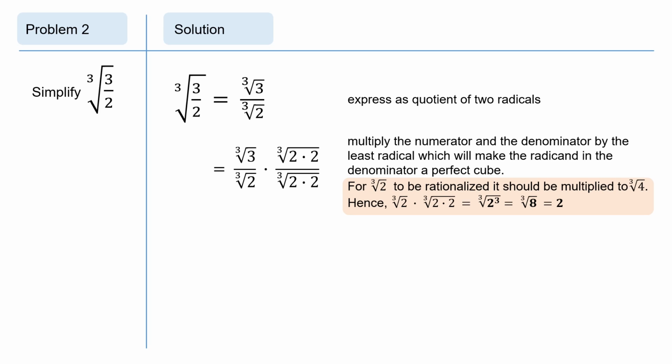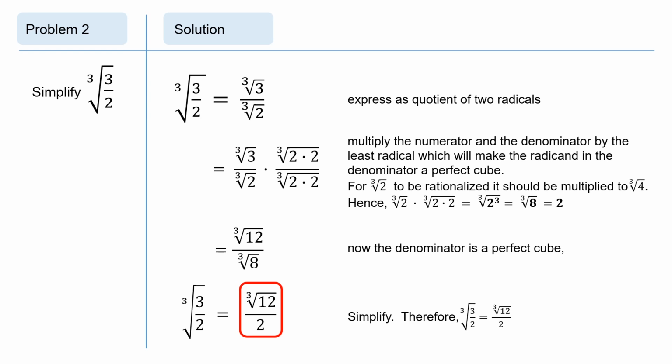Para maging perfect nth power yung denominator natin. Kaya naman, we have the cube root of 12 over the cube root of 8. Now, the denominator is a perfect cube. Next, simplify. Therefore, final answer is the cube root of 12 all over 2.